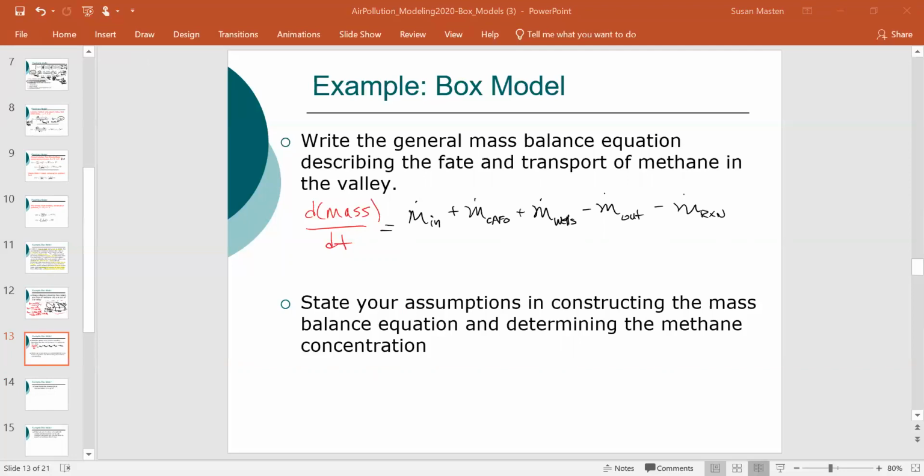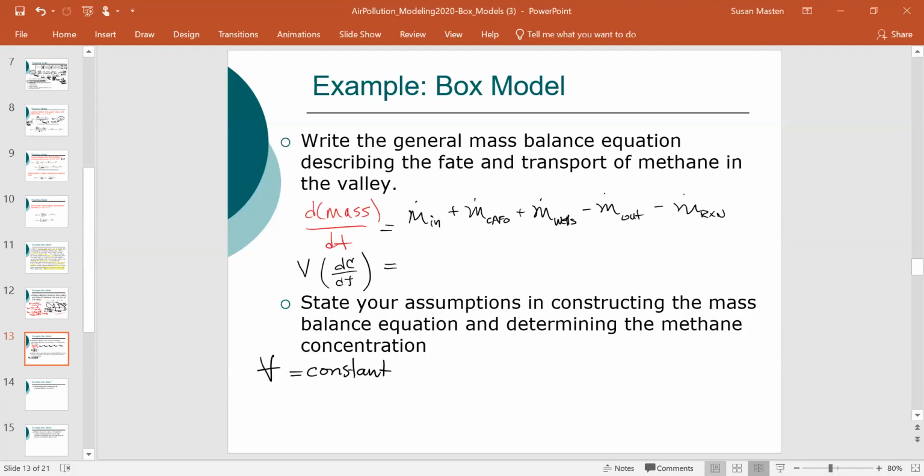And we can write this, well, if we assume the volume equals a constant, so I'm just going to write that down because that's one assumption we can make, then this becomes volume dC/dt.